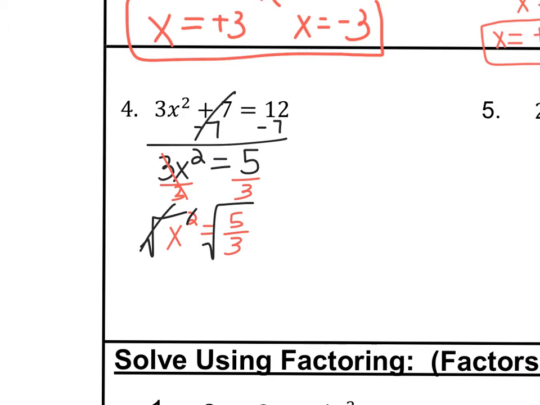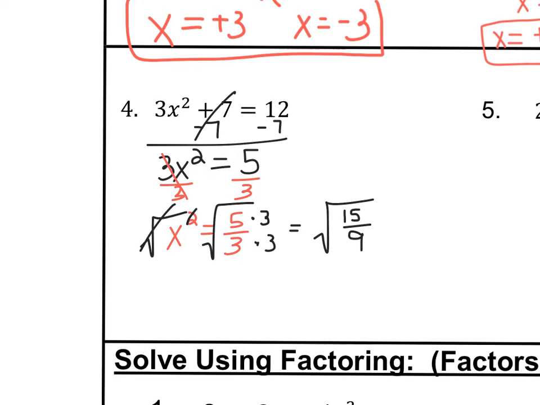Right, I can't leave a fraction underneath my radical. It's not considered simplified. So the way to get rid of the divide by 3 is I'm going to multiply the numerator and the denominator by 3. So now I have the square root of 15 over 9.